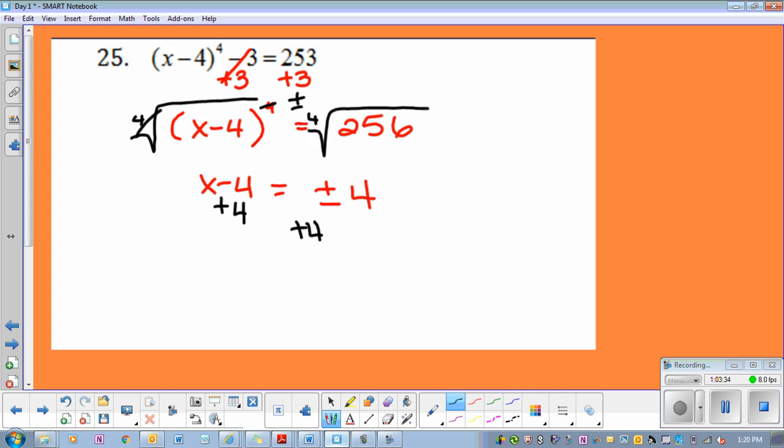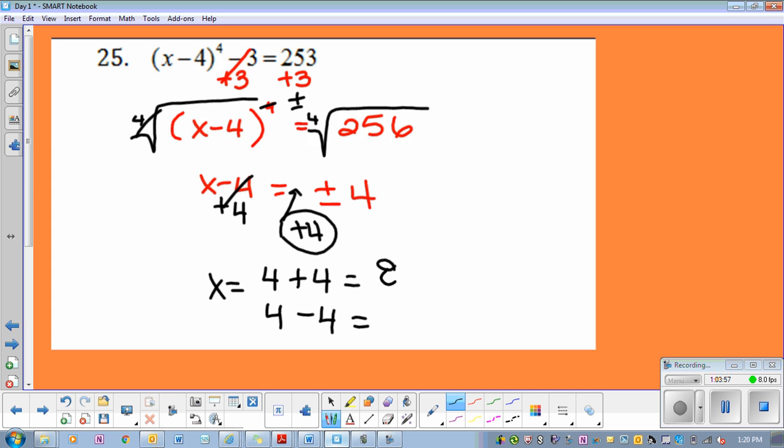If you already have a plus or minus on the other side, and you're adding or subtracting something over, this guy has to go in the front. You need to make sure you have 2 answers, because this is a plus something and a minus something. So this is x equals 4 plus 4, and x equals 4 minus 4. So your 2 answers are 8 and 0. Does that make sense? Magic.